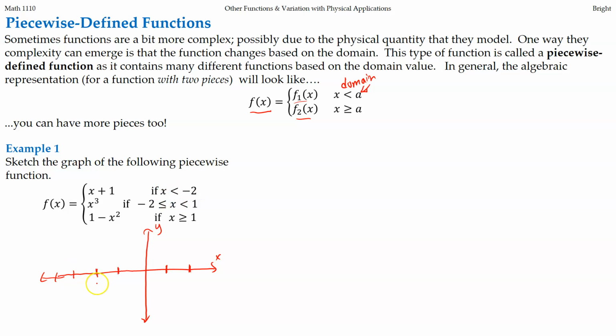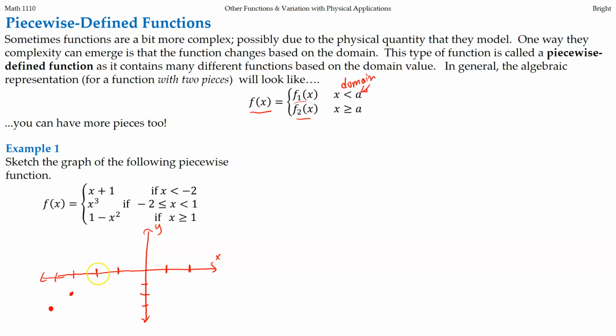What we know is that when x is less than -2, so over this way, it's behaving like the function x plus 1. So for example, if x is -3, then what y value do I get? -2. So I would have this point. And at -4, it would be at -3.